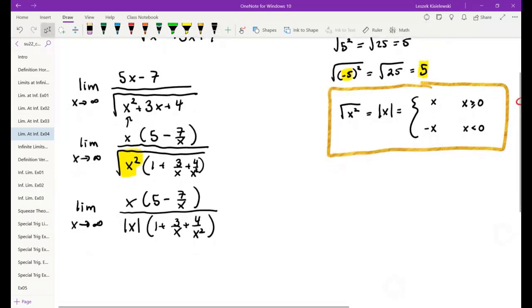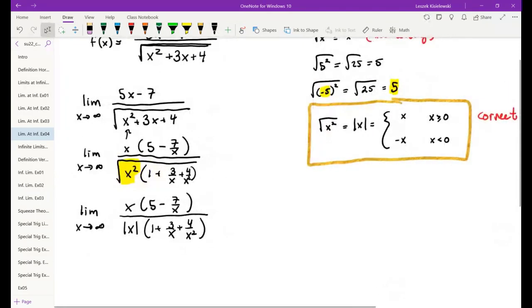Okay. All right. So if you look at x over the absolute value of x, how do we simplify this in this problem? Well, we know that the absolute value of x is going to be just x. Why? And you want to justify this if you're communicating with your grader or professor?